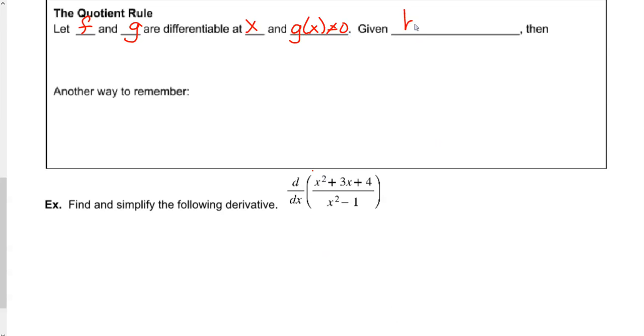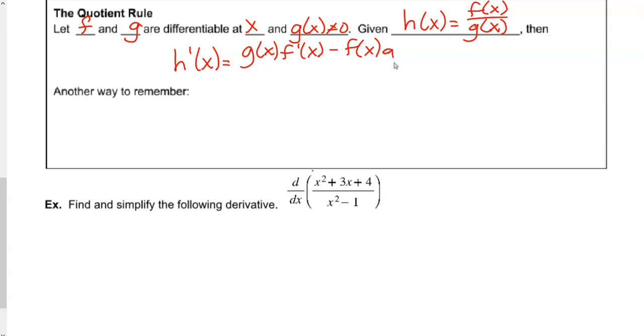I'm going to let the function h of x be f of x over g of x, and that would be a problem if g of x is 0, because I can't divide by 0. Therefore, here is the rule. H prime of x is equal to g of x times f prime of x minus f of x times g prime of x all over g of x squared.